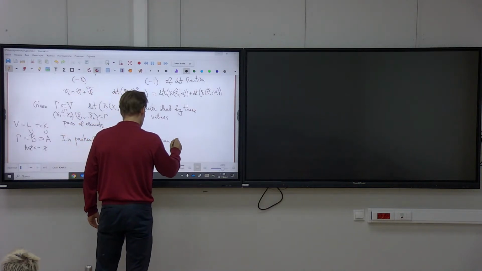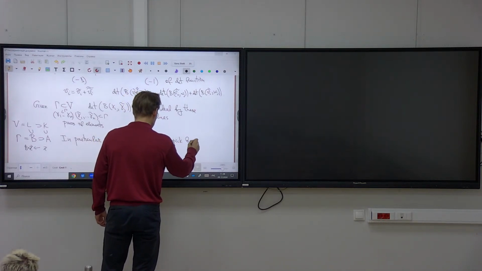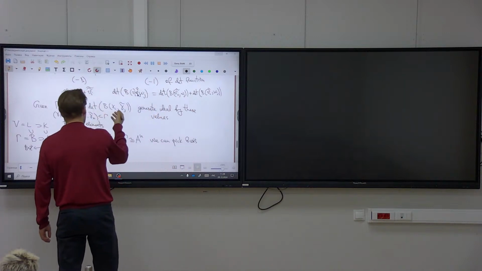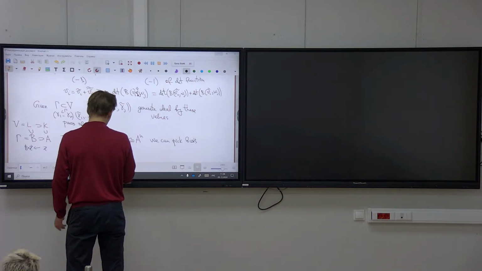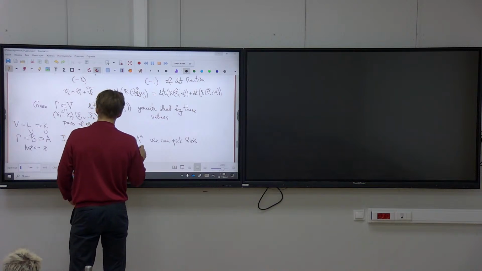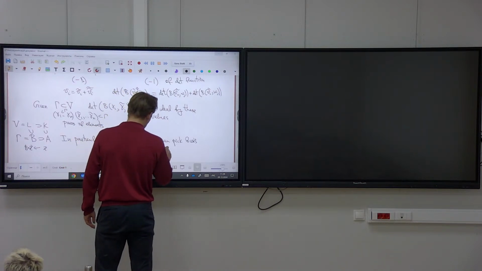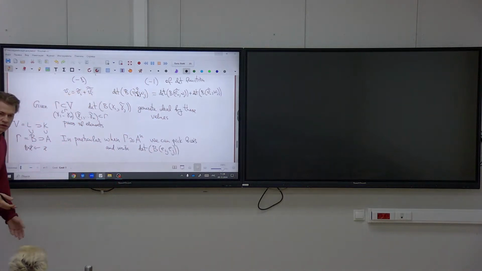You can pick a basis and write down the determinant. So write this down for one pair of vectors, and write the determinant of B(e_i, e_j), the determinant of the Gram matrix of the basis.